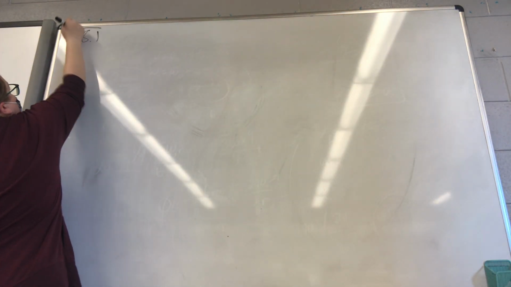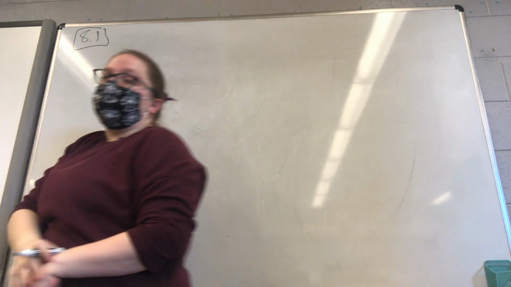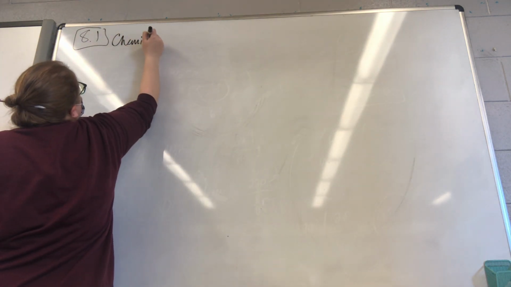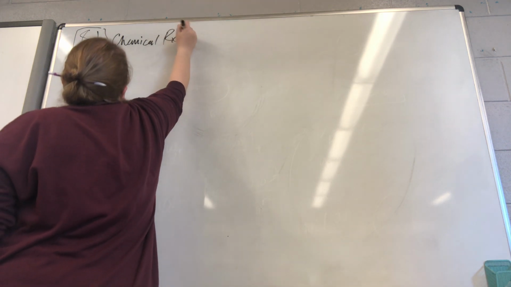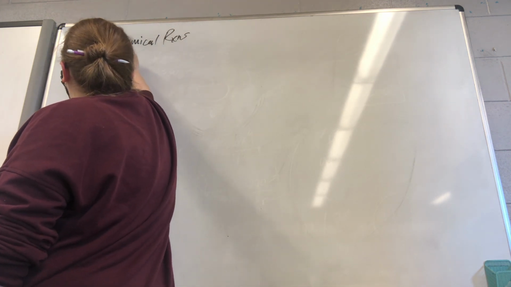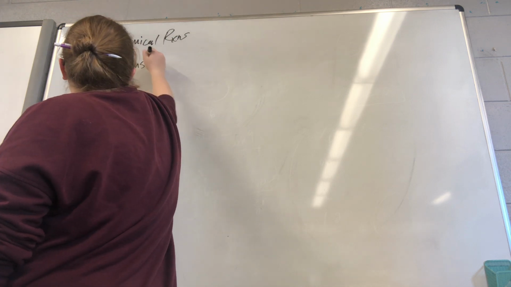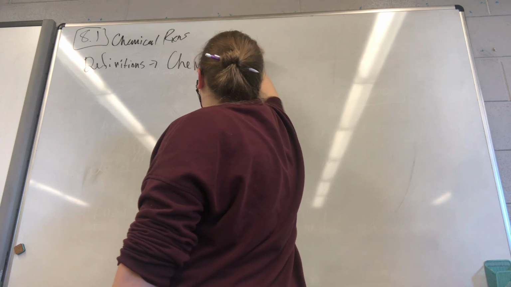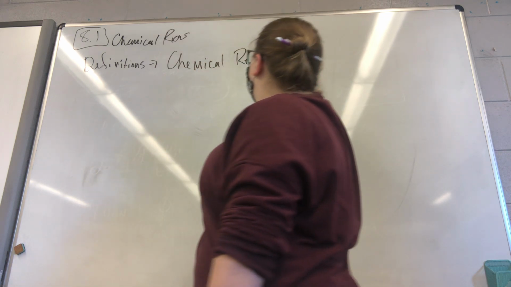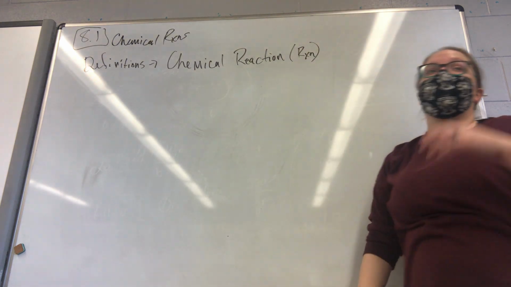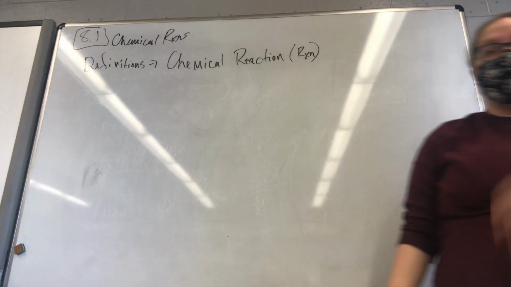Right, in section 1, we are going to talk about chemical reactions. We start with definitions. The first of which is, what is a chemical reaction? When I write reaction moving forward, I will write RxN.